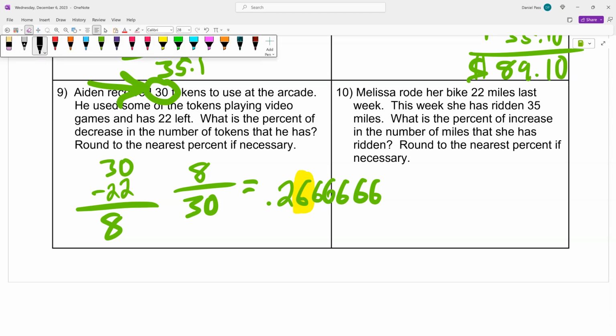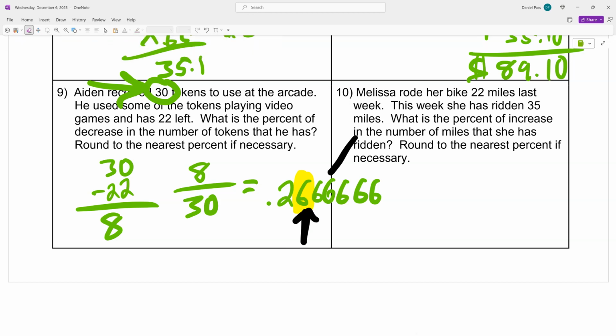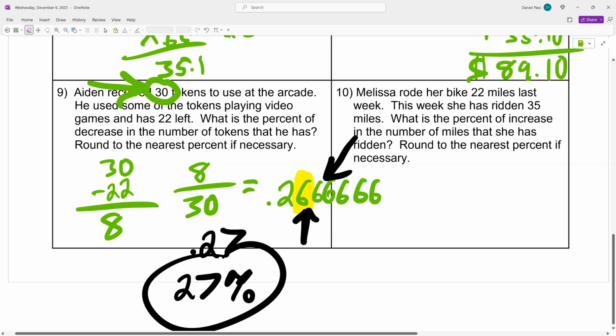I'm going to sing the song. You find the place, look next door, 5 or more, add 1 more. Do we add 1 more? Yes, so 27. And that's 27%. 4 or less, let it rest.